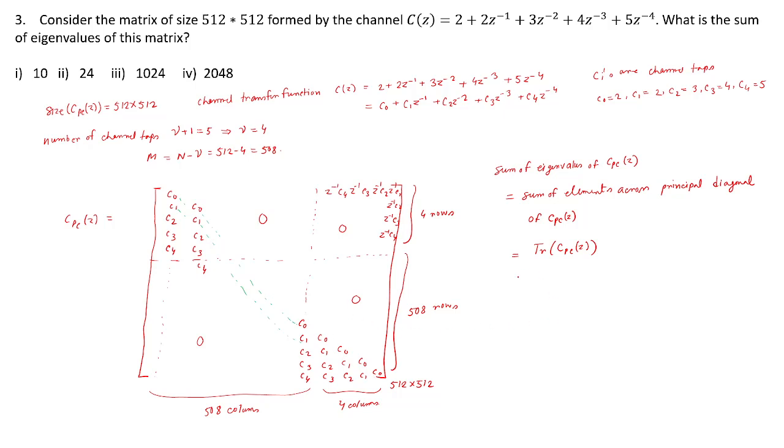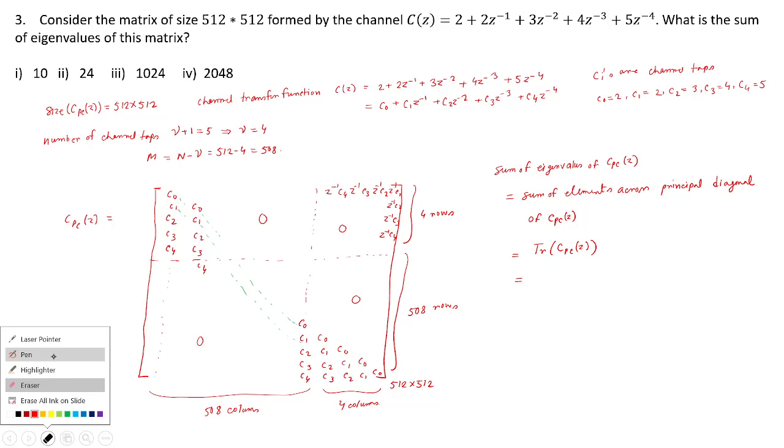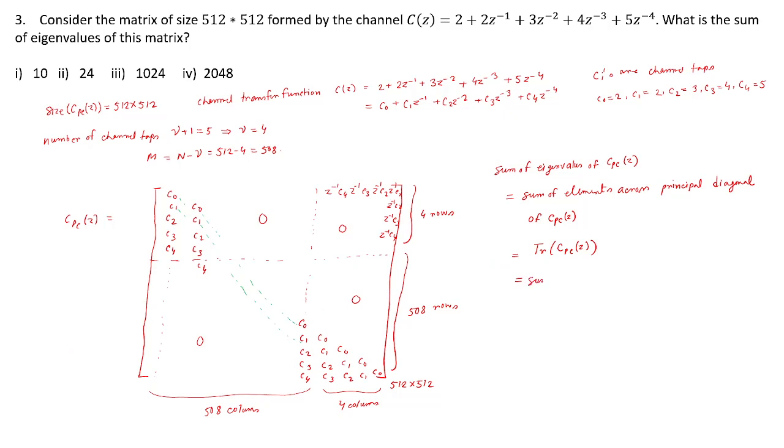Therefore the sum of them is going to be the sum of C naught plus C naught plus dot dot dot, C naught, and this summation is happening n times, so therefore it becomes n times C naught.